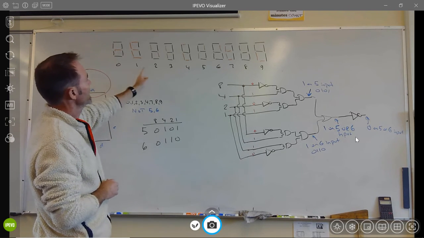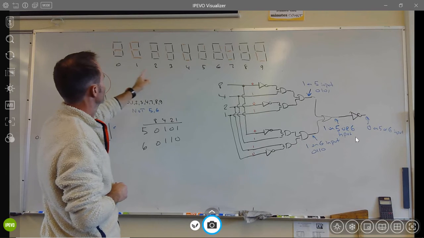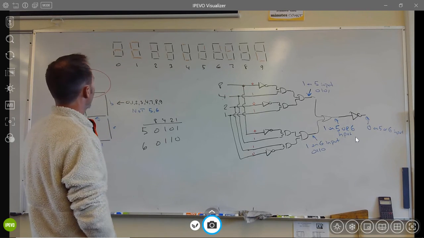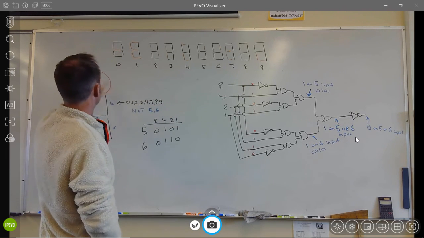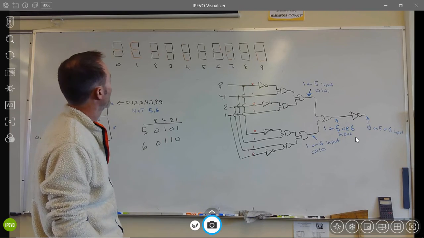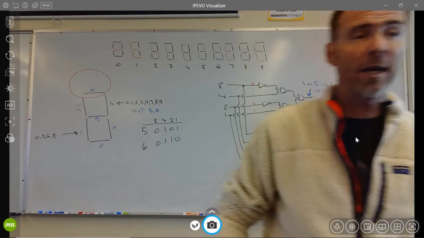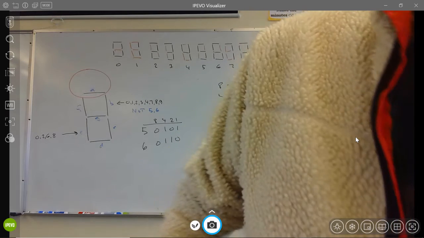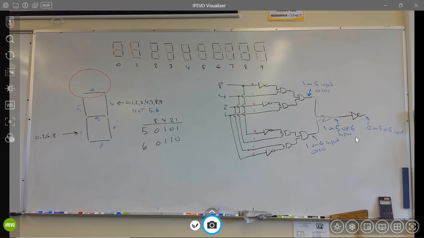So when is the A segment lit up? So you can do it either by, well, I'll let you figure it out. Do the A segment. You can do it using lots of transistors or using less transistors.